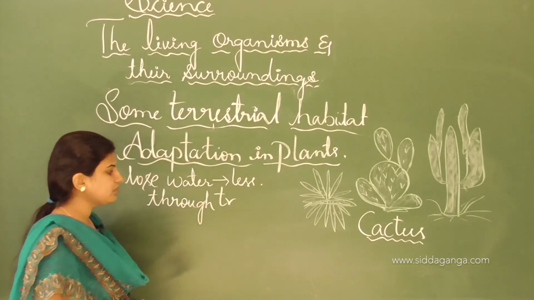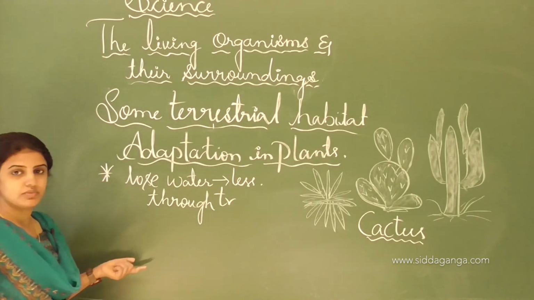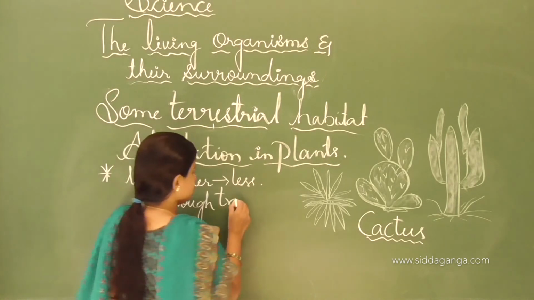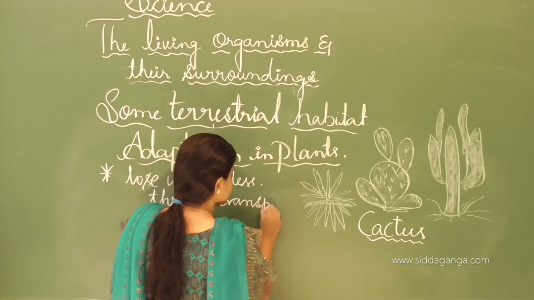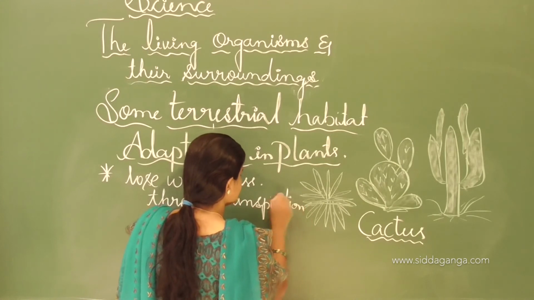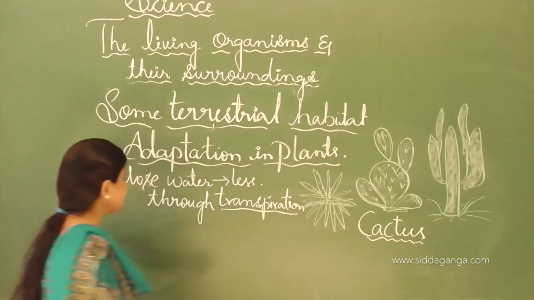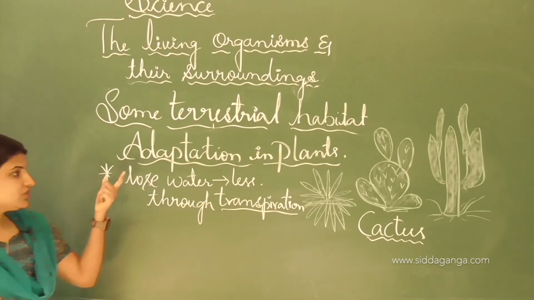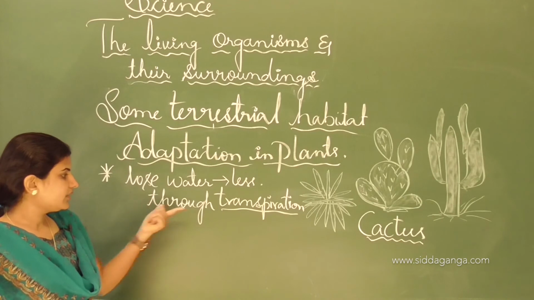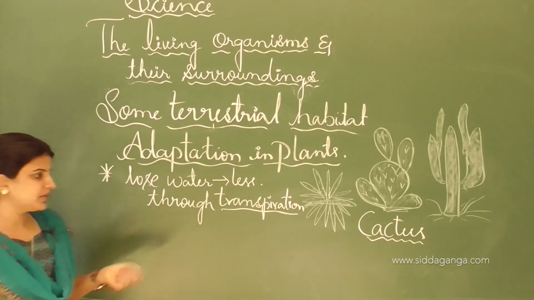The transpiration process is nothing but the leaves losing water in the form of water vapor. Through the transpiration process, plants in the desert region will lose little water, and this process is known as transpiration.